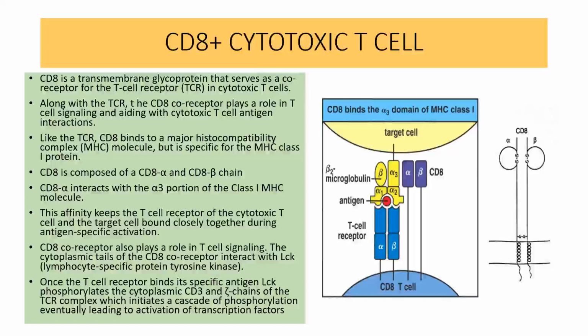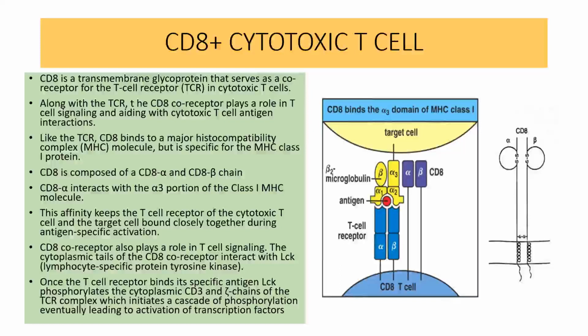The cytoplasmic tail of the CD8 co-receptor interacts with LCK. LCK means lymphocyte-specific protein tyrosine kinase. Once the T cell receptor binds to a specific antigen, LCK phosphorylates the cytoplasmic CD3 and zeta chain of the TCR complex, which initiates a cascade of phosphorylation, eventually leading to the activation of transcription factors.